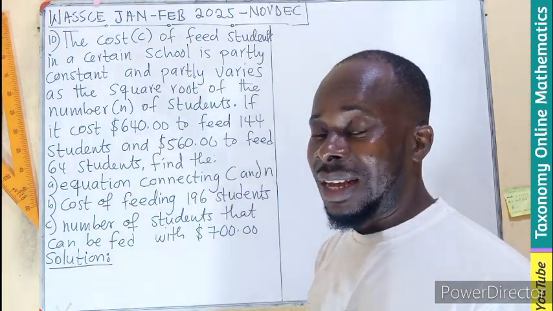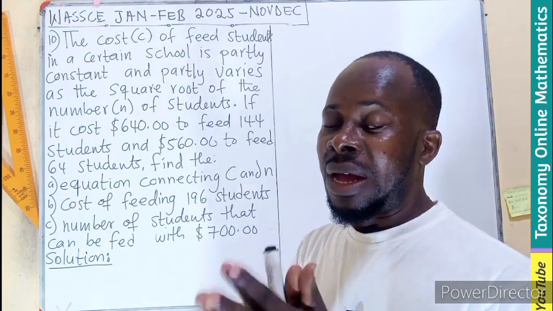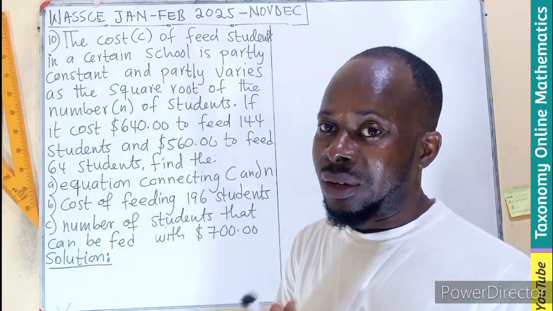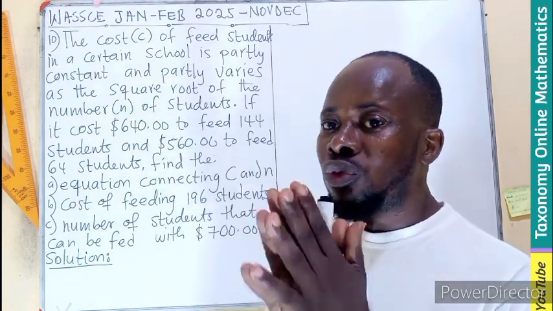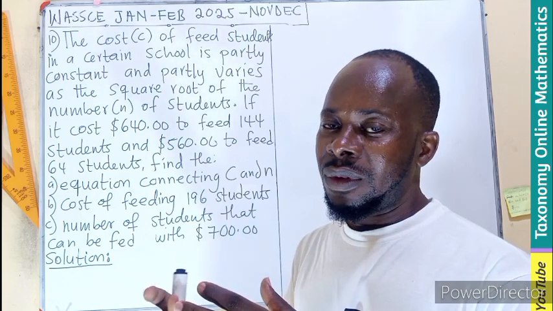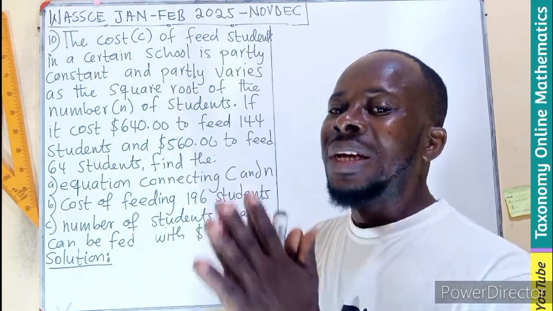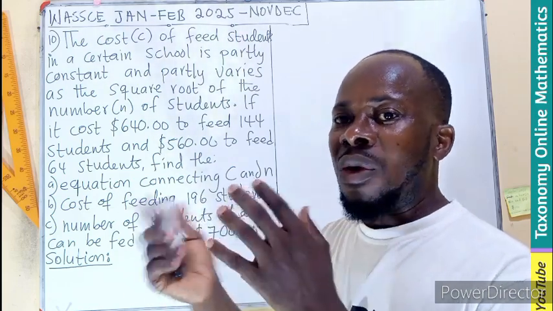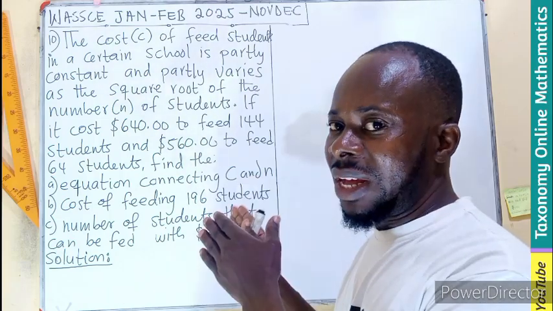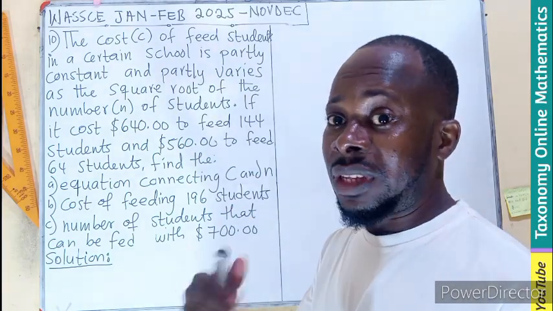This is basically variation. This is partial variation. So we are going to be dealing with two constants. One is a fixed constant, the other is a constant of variation, which is the constant of proportionality.